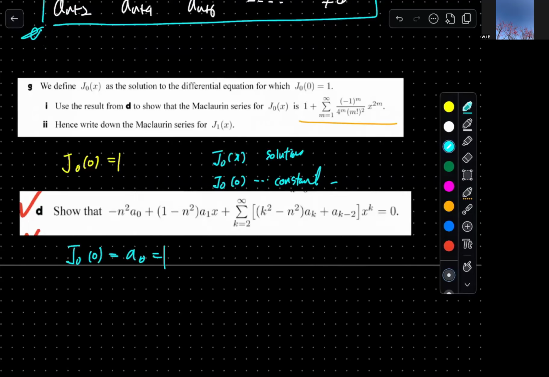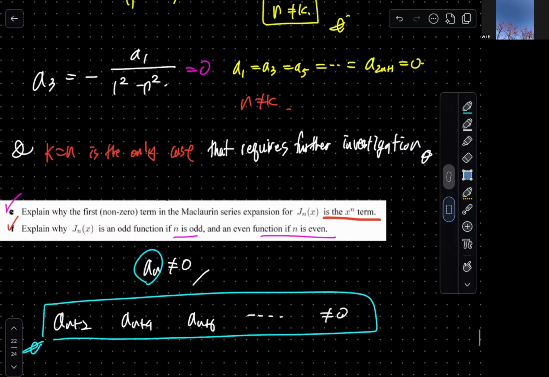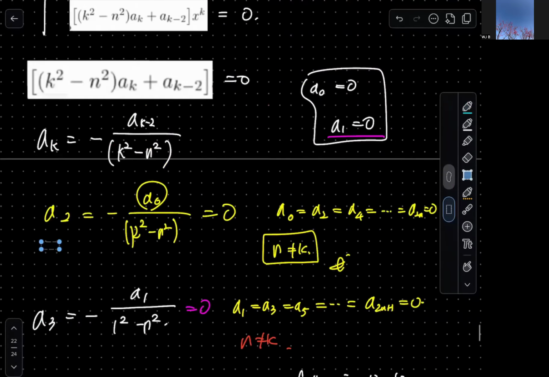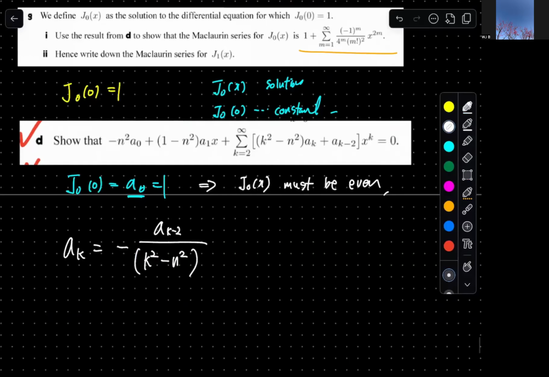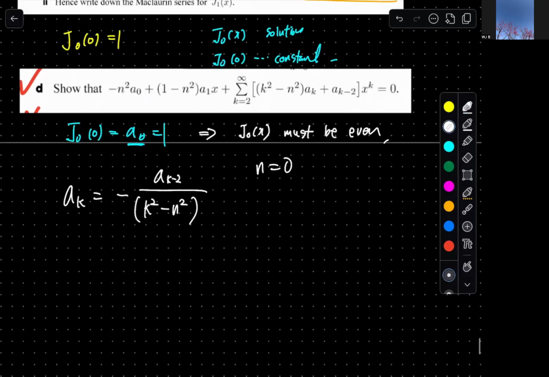That is great. And now I know, because of the recurrence relation that we solved before, and I had the even term, suggesting my J_0(x) must be an even function. Now let's try to find the pattern. Here n is 0, so my recurrence relation can be reduced down to negative a_{k-2} over k squared.